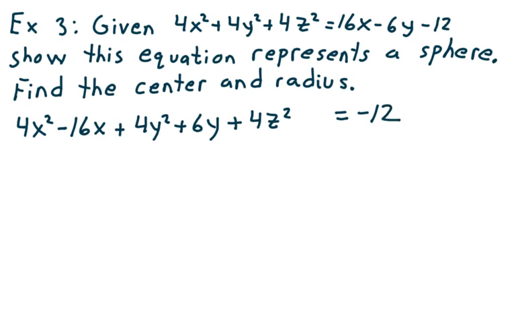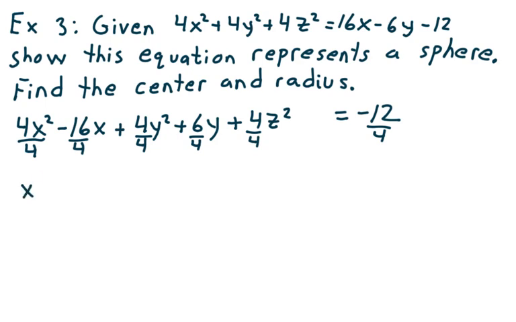Now, I want the coefficient of x², y², and z² to be 1, because that's what we need to complete the square. So I'm going to divide everything by 4. So every term gets divided by 4. Just like this.